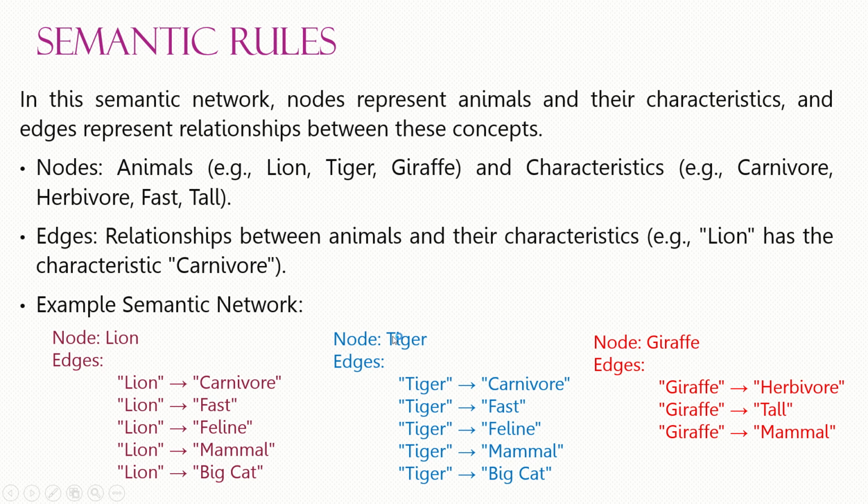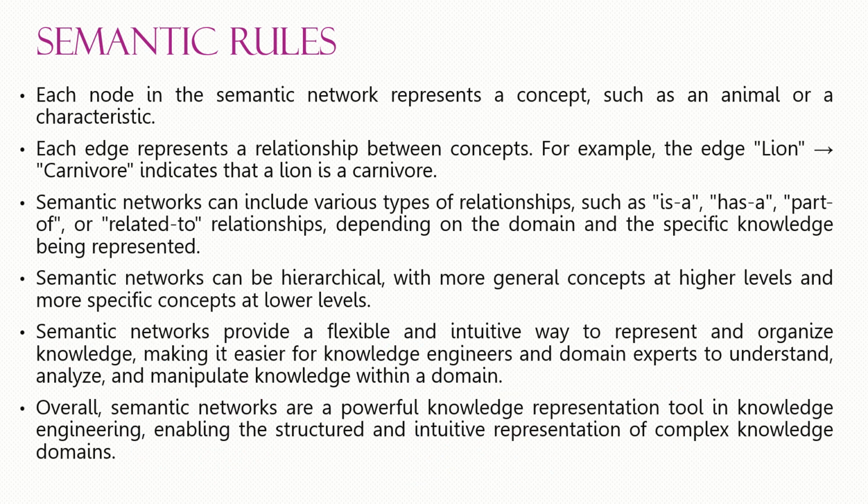For the tiger, the mapped characteristics are: the tiger is a carnivore, fast, a feline, a mammal, and a big cat. And the giraffe is a herbivore, tall, and a mammal; these are the characteristics mapped to the node giraffe.